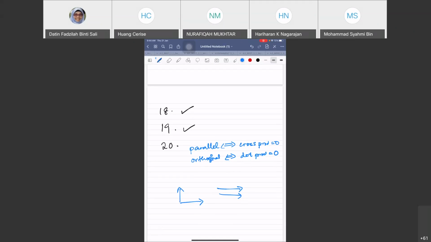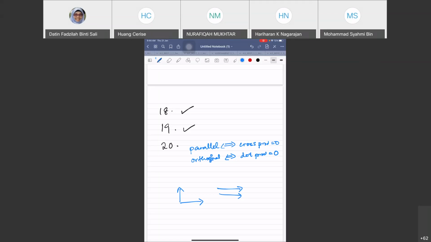If you find the cross product equals 0, straight away you don't need to show the dot product, because it means the two vectors are parallel. That's it. So that means they are not orthogonal. However, if you do the cross product and it is not 0, then you need to find the dot product.